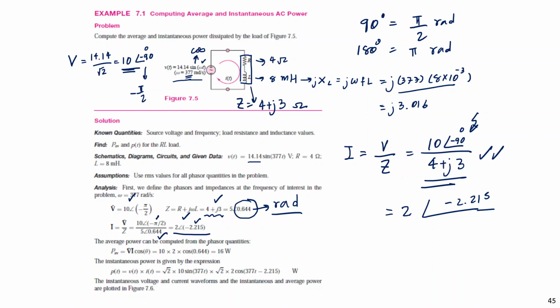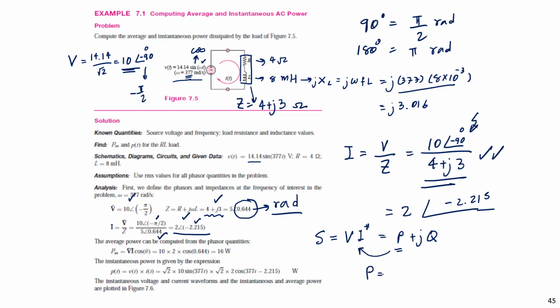Then we can also calculate P. We can calculate S by VI conjugate. Then we will get P plus jQ. Or in this case, a shorter way to calculate P: P will be the real part of this value.